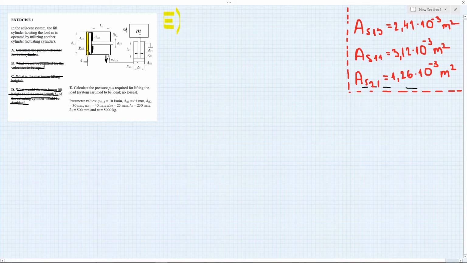So first, let's calculate the force that this mass exerts, okay?